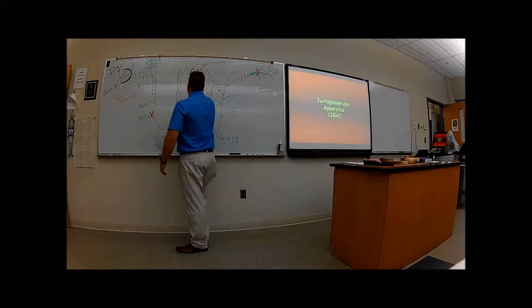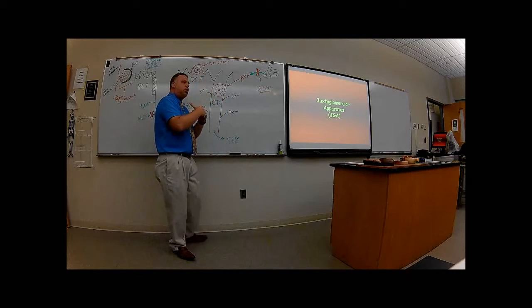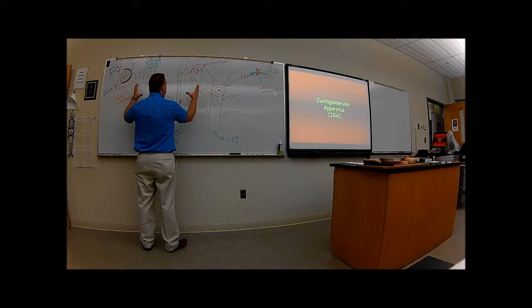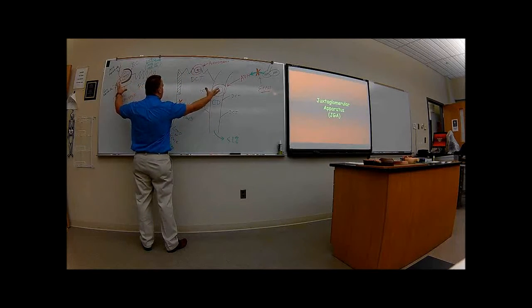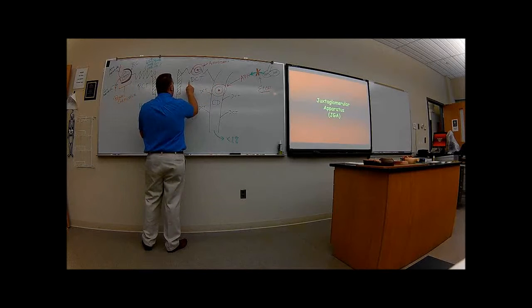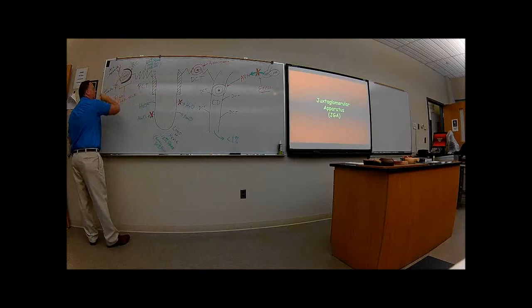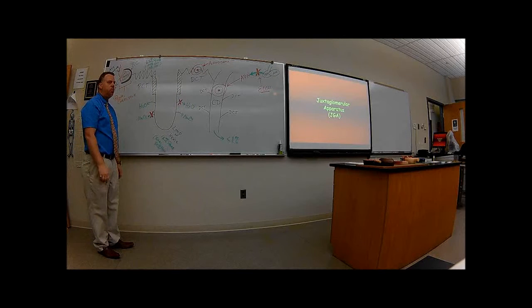So this DCT is going to touch the blood vessel. And as you've seen with my pictures before, it all gets squished together, and the way it's set up is that this DCT is actually touching the afferent arteriole.